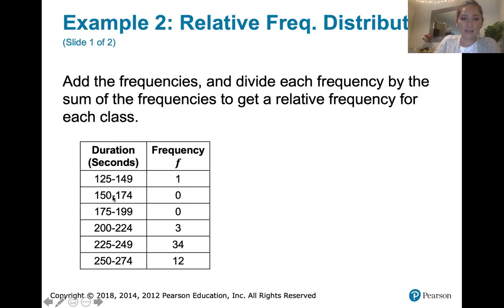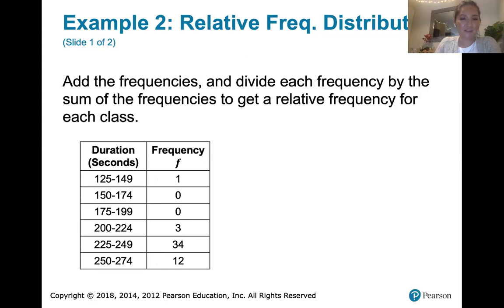There were no duration times in these ranges in each of these classes, but there turned out to be 3 in the range from 200 to 224 seconds, and 34 in this range, and 12 in that last range. So the total number of data values that we have is actually just the sum of the frequencies. I had 1 over here, I had 3 more here, then I had 34 in a row that were all in that range, and then we had 12 more that were in that last range. So you just do 1 plus 3 plus 34 plus 12, and the sum of the frequencies is 50.